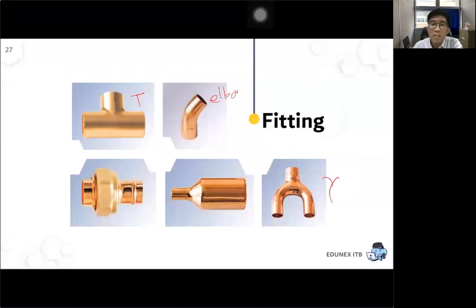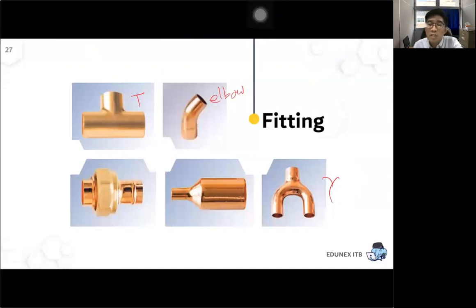Elbow is to change the flow direction, because in the plant or in the chemical industries, you will need a very complex pipe arrangement. It cannot be just in one line only or one direction only. So you need to change the direction of the piping.